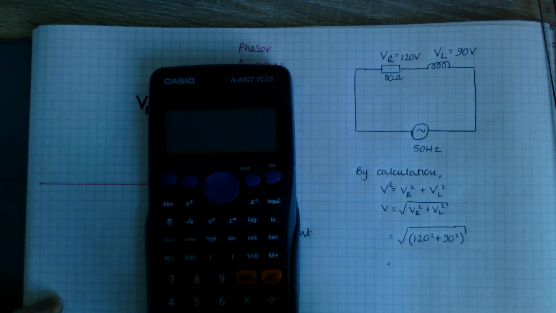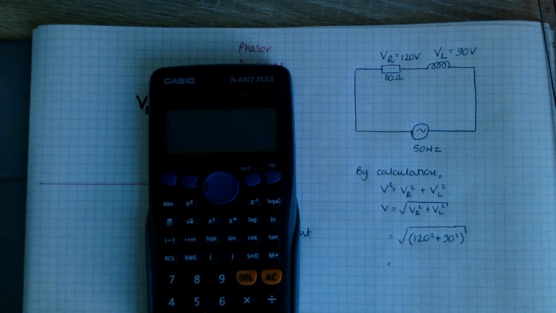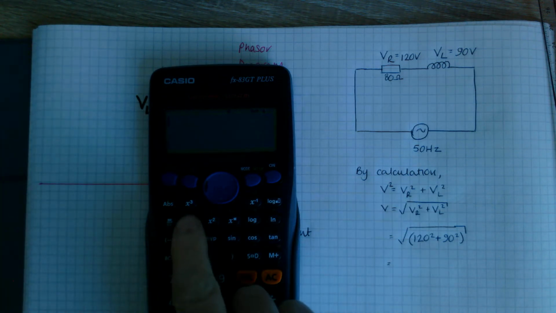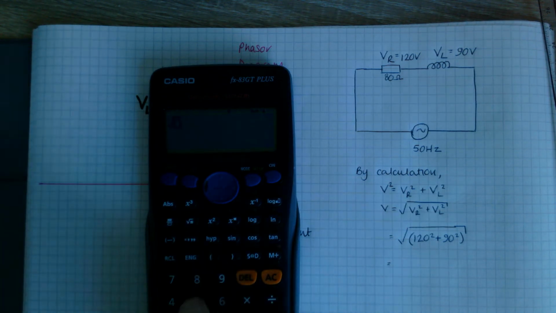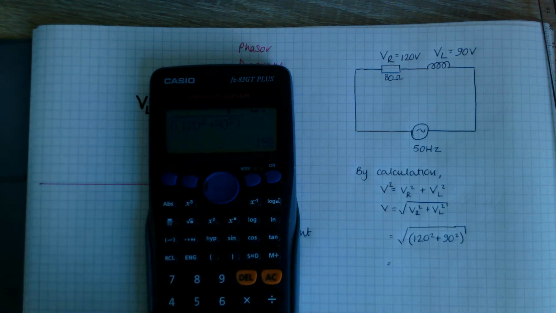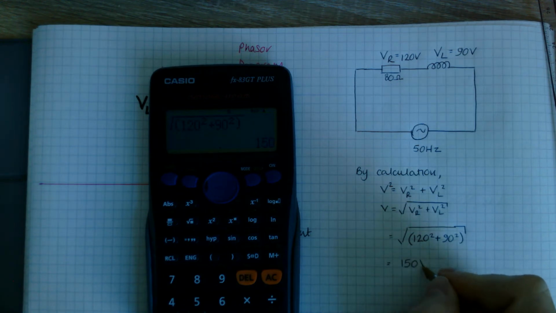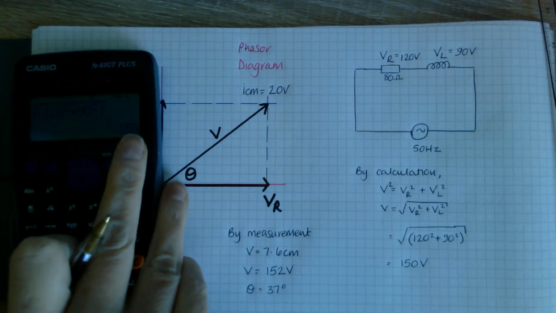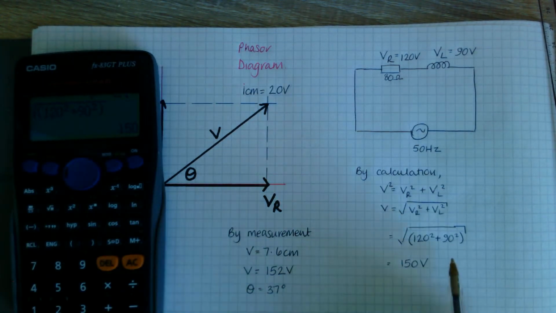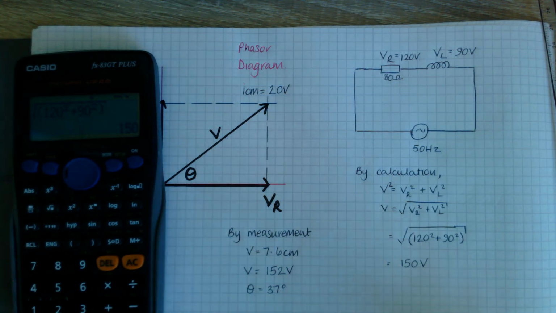So in my calculator, square root, bracket, 120 squared plus 90 squared, close my bracket, equals. And that gets me 150 volts. Very similar to my measured answer over here. So I've got quite a lot of confidence that these two are fine.